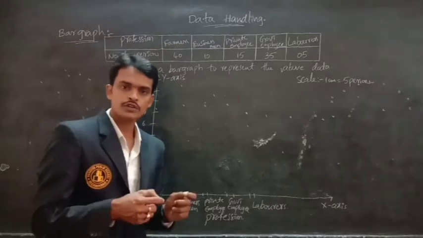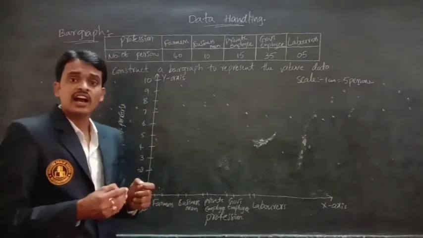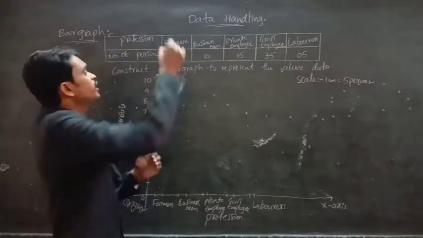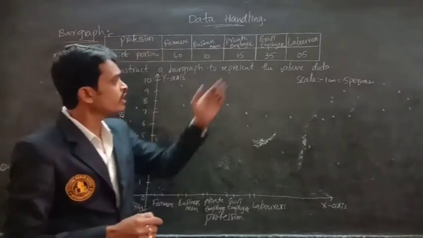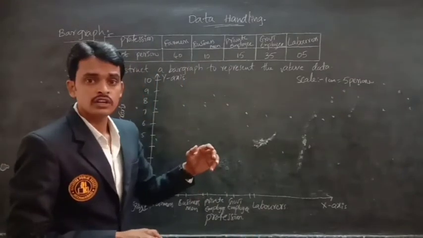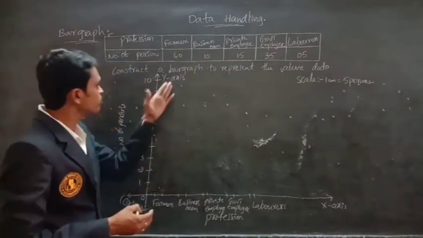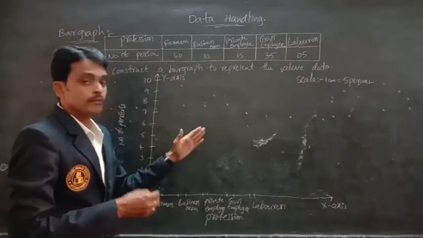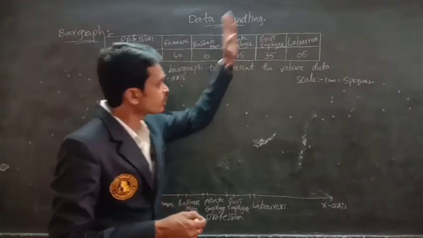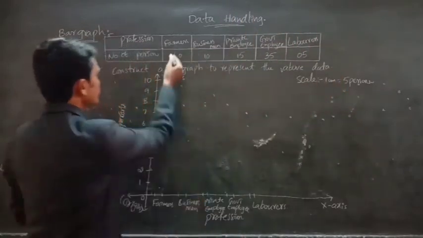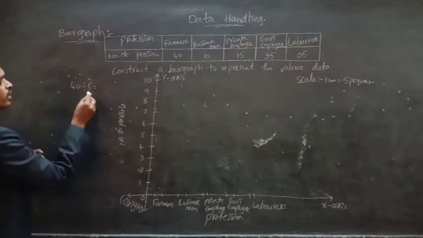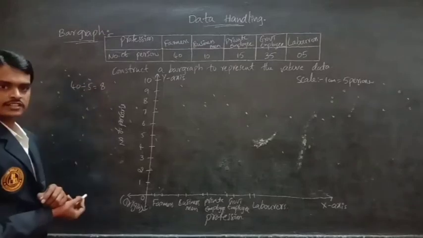Now we should calculate the heights of the bars by dividing the frequencies with the suitable scale. So let us divide: first 40 divided by 5 is 8.